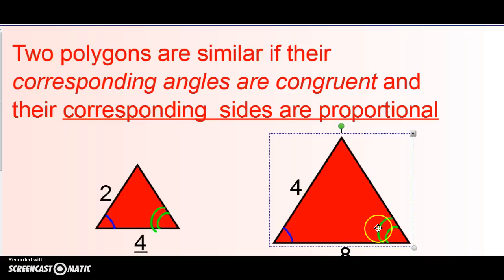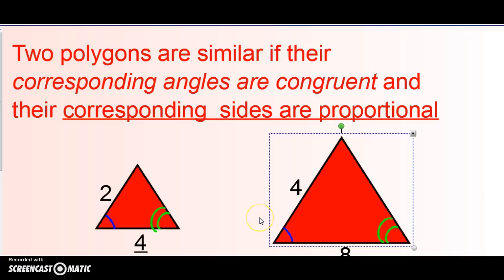Proportional means that the corresponding sides have the same ratio as the other corresponding sides. As you see here, 2:4 means the second triangle is twice the length of the first triangle on that side. Do you see how they're corresponding sides because they're in the same position in relation to the single arc angle?